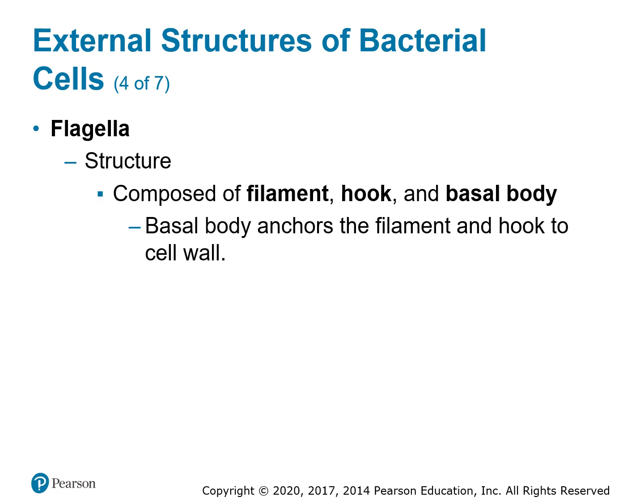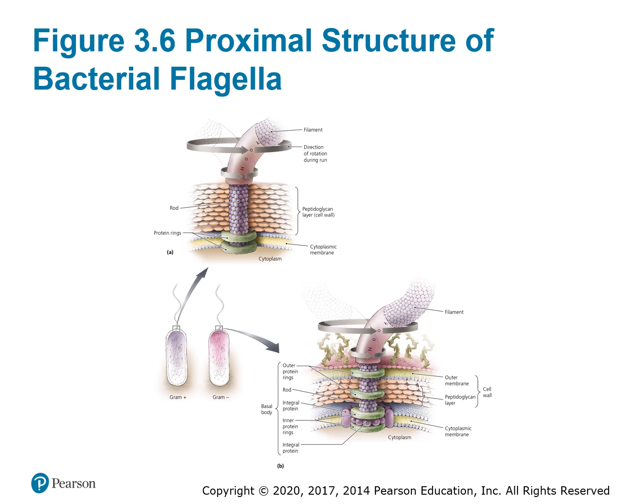So they're composed of three main parts. You have the filament, which is the most visible part, the one that we all know. Then there's a hook, which anchors the basal body into the body of the cell of the bacteria. So as you can see here, we have on the top left the gram-positive bacterial flagella.